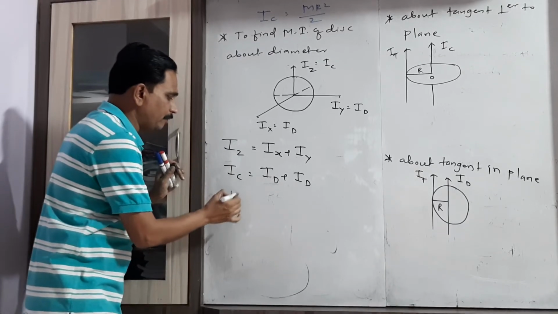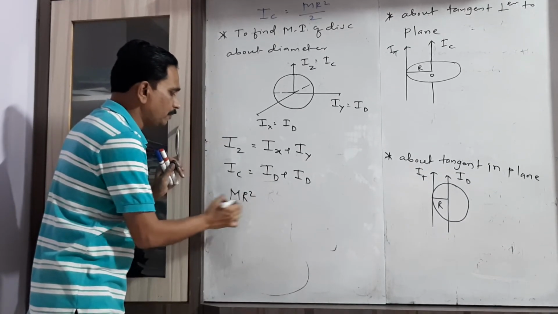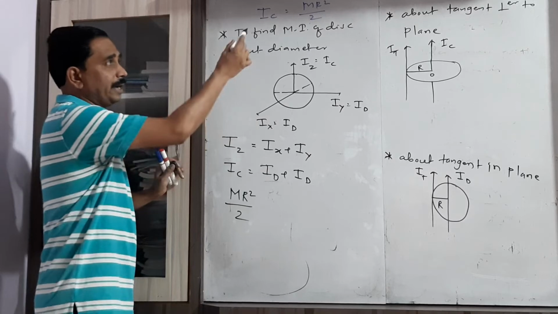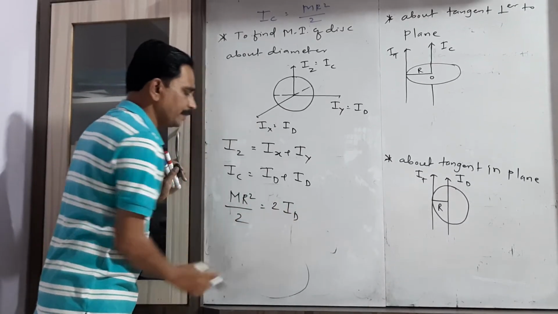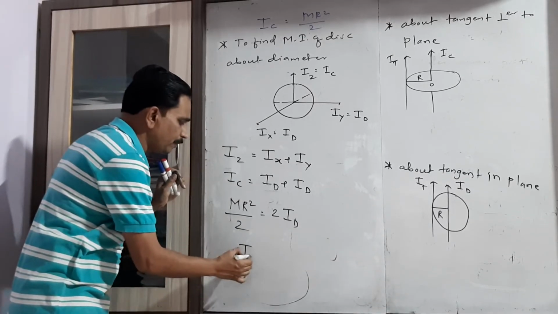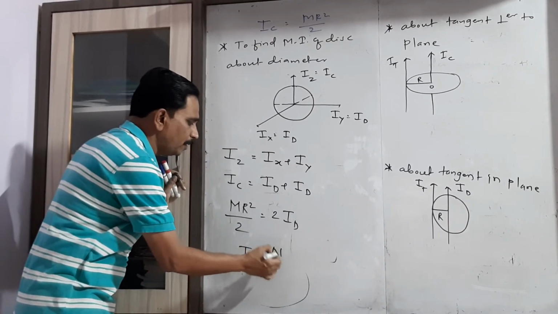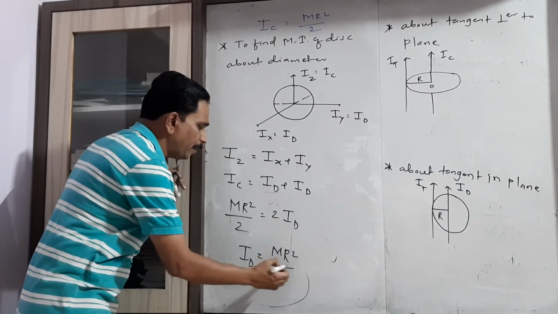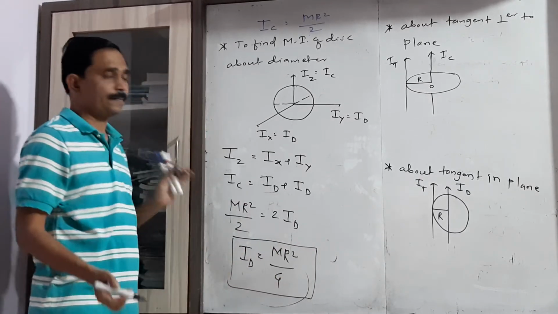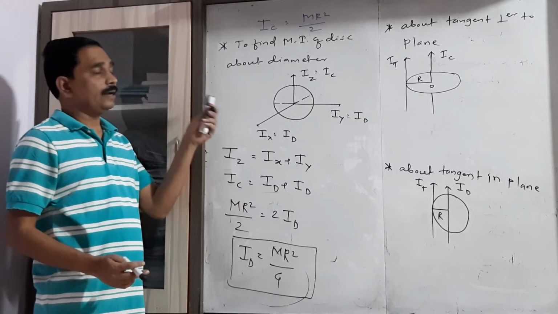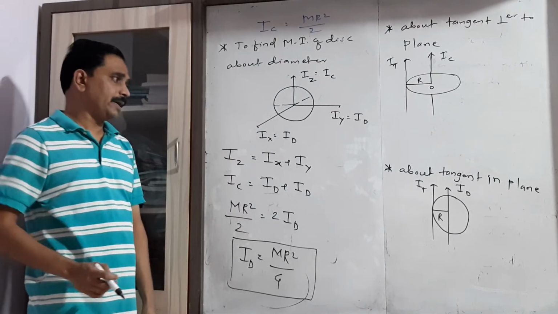Then Ic, the moment of inertia of a disk about its center, mr square by 2, equal to 2 times Id. So the moment of inertia of a disk about diameter becomes mr square by 4. This is our first applied case, the moment of inertia of a disk about diameter.